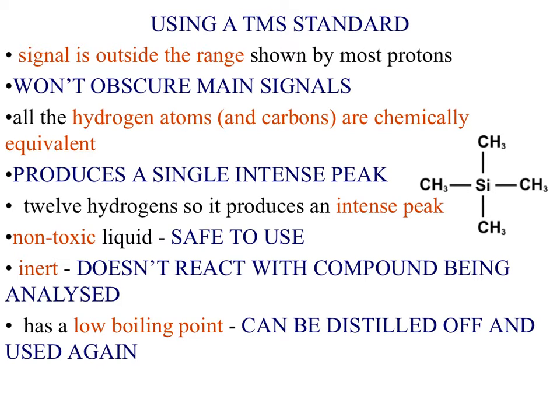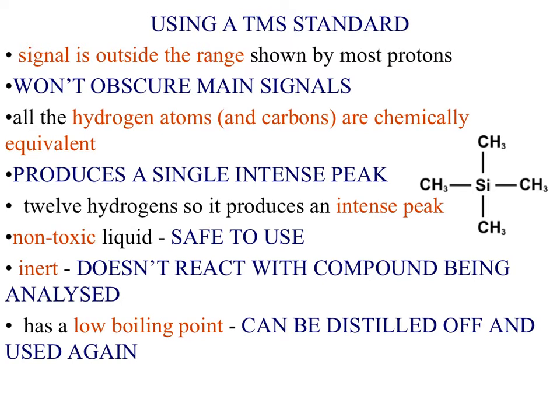Now that's probably the most important thing. All these methyl groups are attached to the silicon, so therefore there are lots of these hydrogen atoms, a total of 12, and that means that this tetramethylsilane will give quite an intense peak. Remember, in this NMR, it's the protons that we are concerned with.